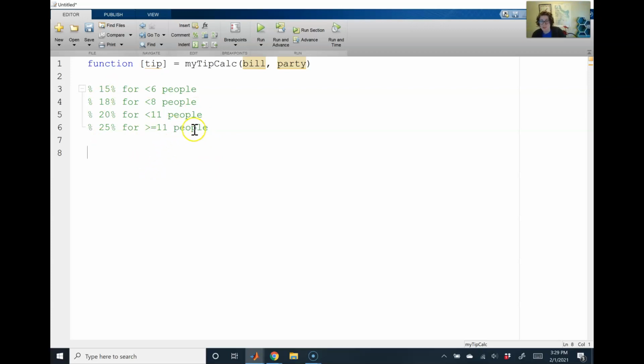So let's start. We can do this one of two ways, but there's actually multiple ways that we can do this. For a lot of our codes, there are so many different ways to write the code. We could start on this end and work this way. We could start on this end and work this way. We could have different if statements.